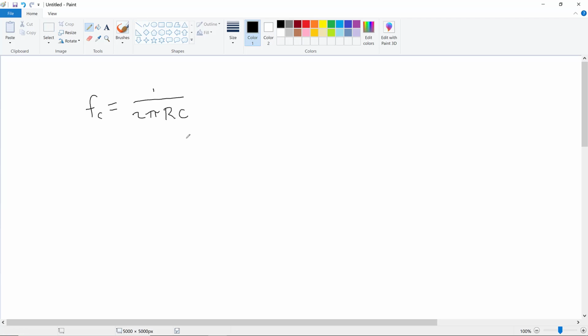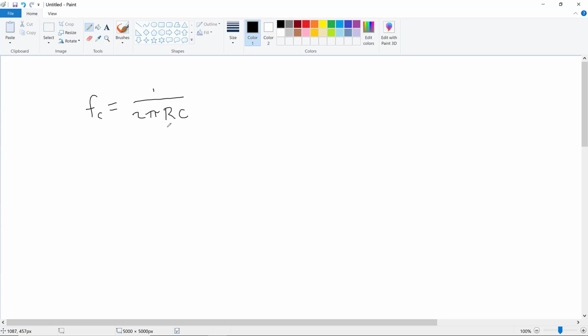Okay? Now, I know what cutoff frequency I want. I want that to be 1000 Hz. And so I've got two variables that I can play with, resistor and capacitor. So I'm just going to have to choose one of those arbitrarily and then figure out the other one.